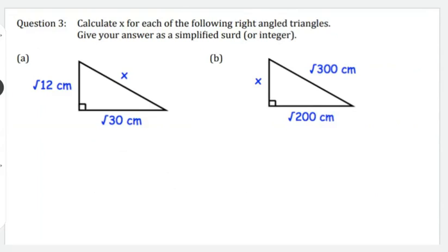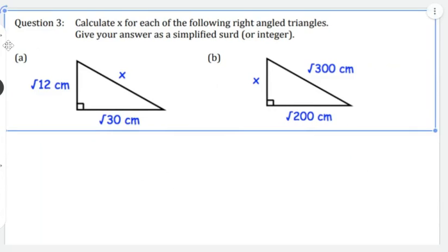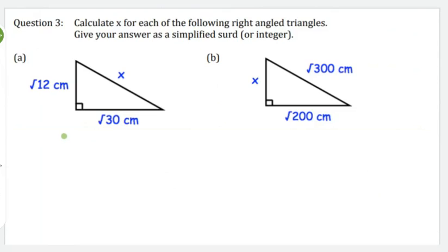Well, how did you do the first one? For the first one, I did square root of 12 squared times root 30 squared. Okay, so here, if I lay it out the long-ish way, I'd say x squared is equal to the square root of 12 squared plus the square root of 30 squared.